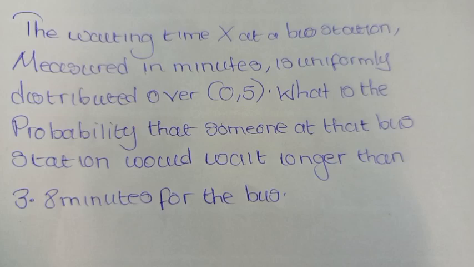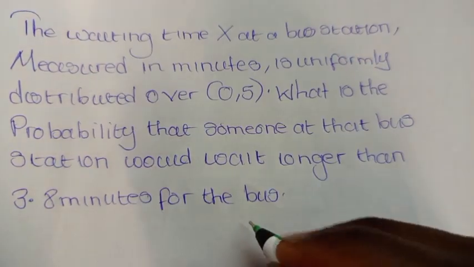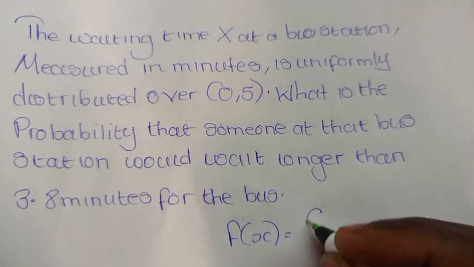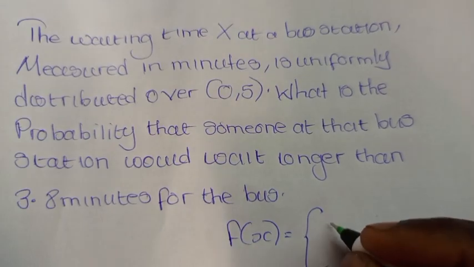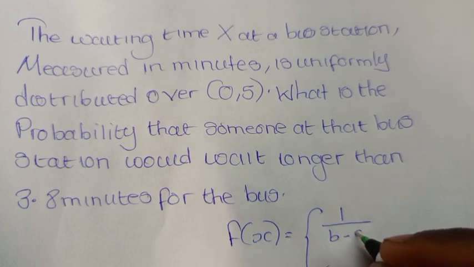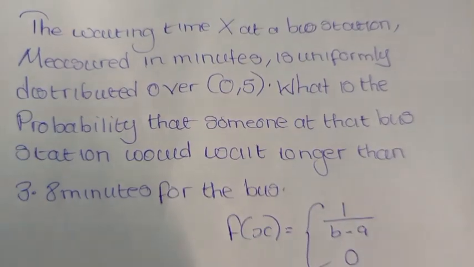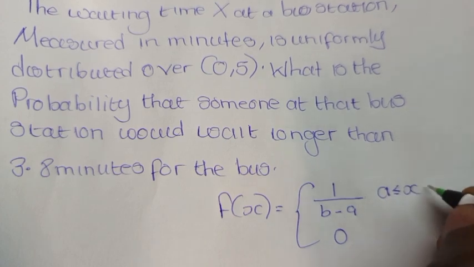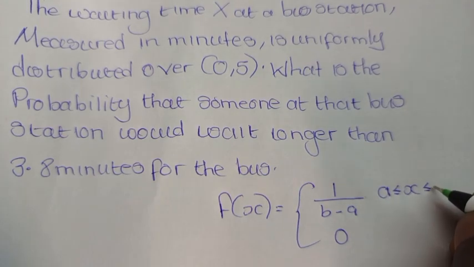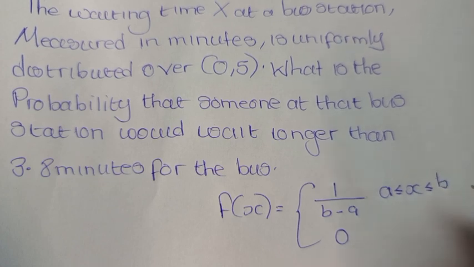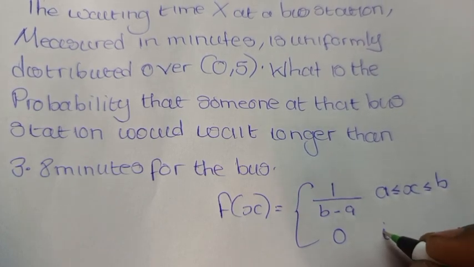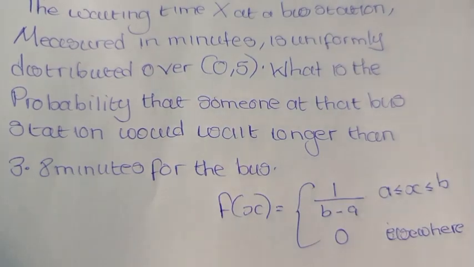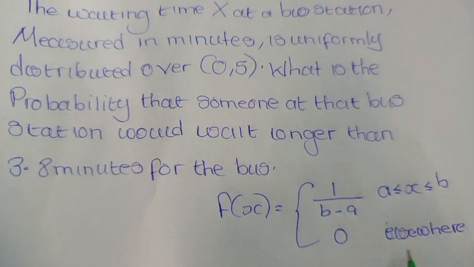And the continuous probability density function is defined by this expression here: 1 over b minus a, where x is greater than or equal to a but less than or equal to b, and elsewhere it is 0.